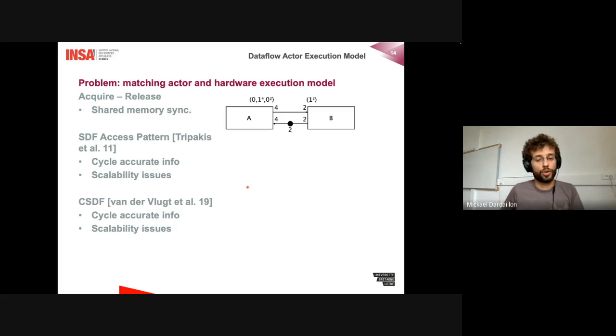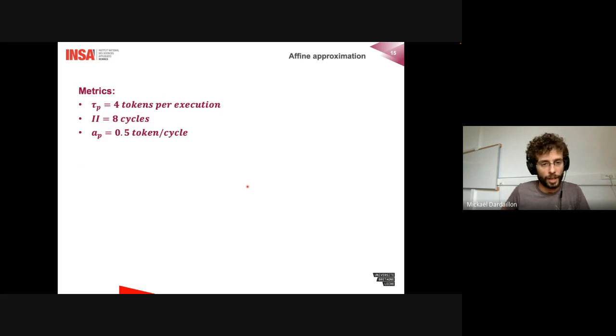So we're going to try another way to abstract the system more and use different tools to do that. We're going to do an affine approximation. For example, we have an actor which is producing 4 tokens per execution, and it's executing for 8 cycles, the same actor we've seen before.